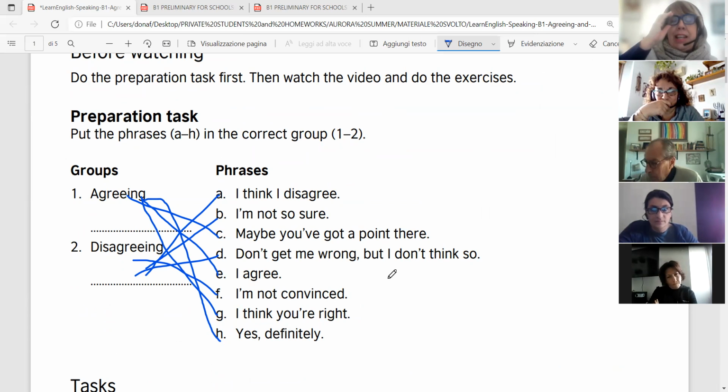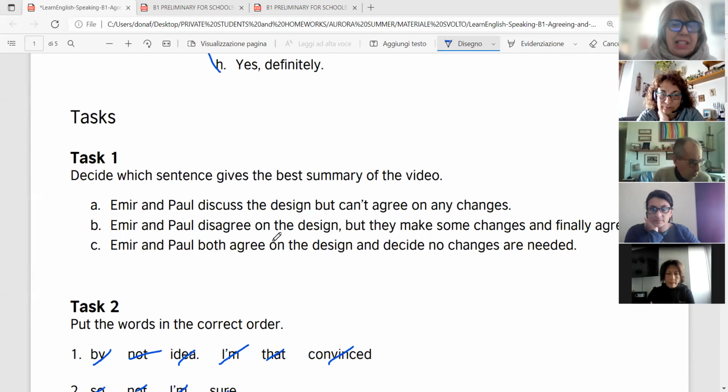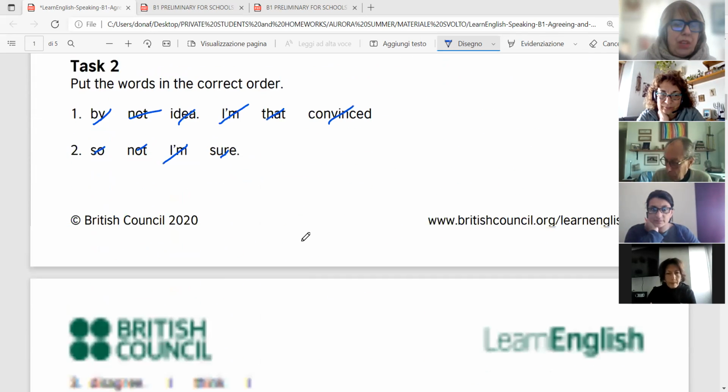Always remember that strong opinions are not so common in English as in Italian. Strong ways to say no are very seldom used. Even when you disagree with somebody, you are always trying to mediate without expressing too strong a disagreement.